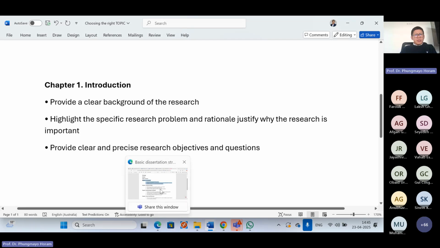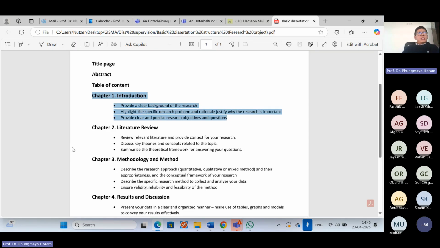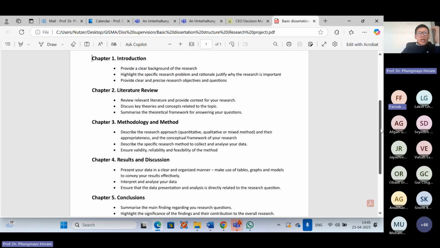So how many pages is your dissertation? 50. For word count, bachelor's, how many words? 12,000. For bachelor's, it is between 10,000. Okay, for master's individual, it's 16,000.